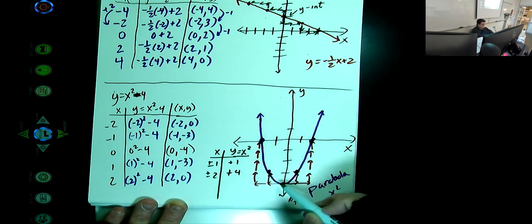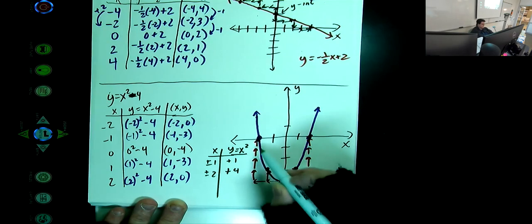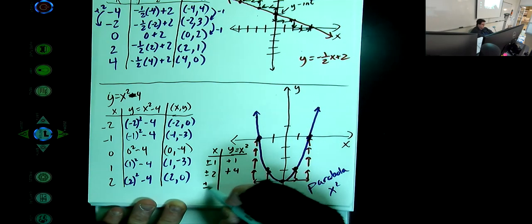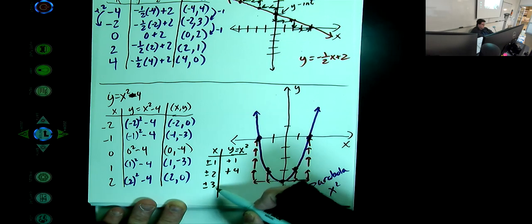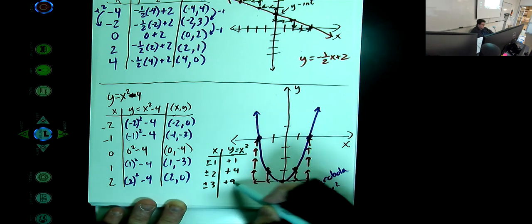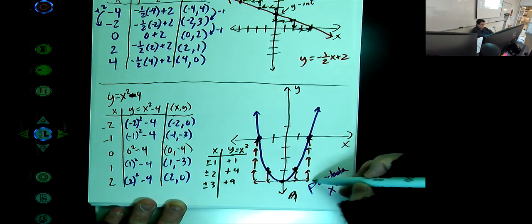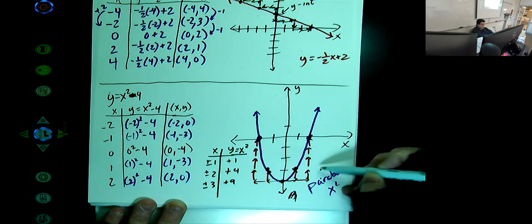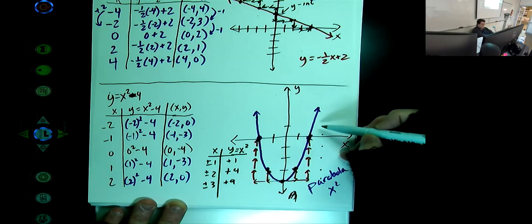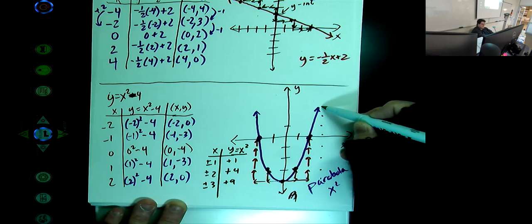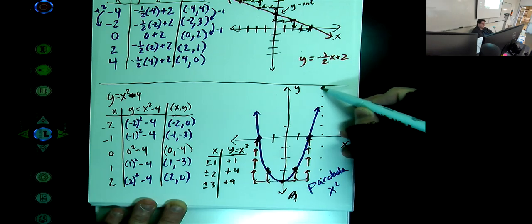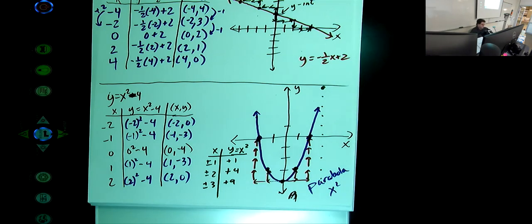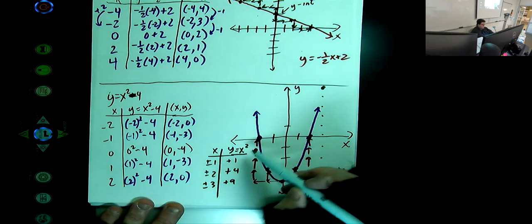And that's why we did 1, 1 and 2, 4. If I do plus or minus 3 squared, that gives me plus 9. So if I go out 1 more over here, 1, 2, 3, 4, 5, 6, 7, 8, 9 would be up here. And it's just related to the square thing.